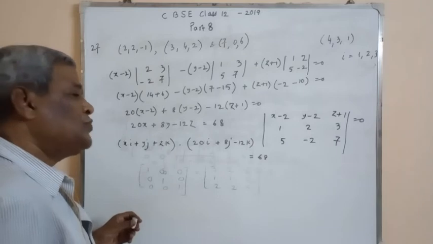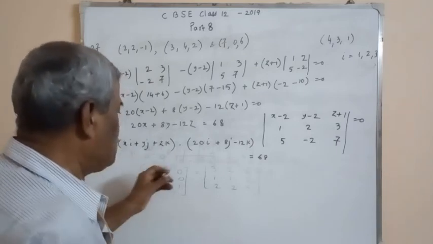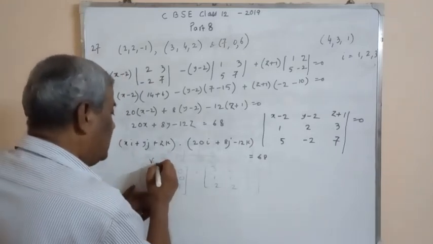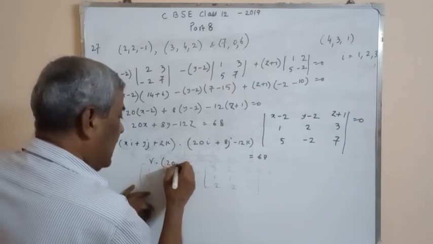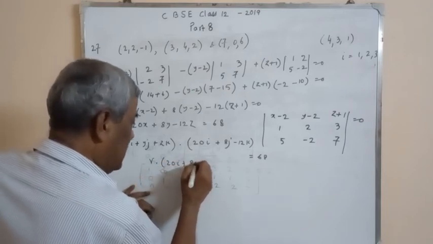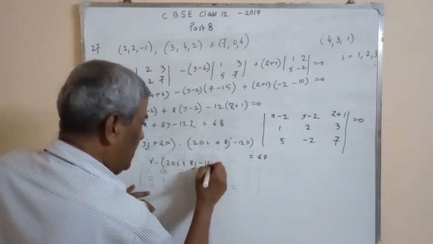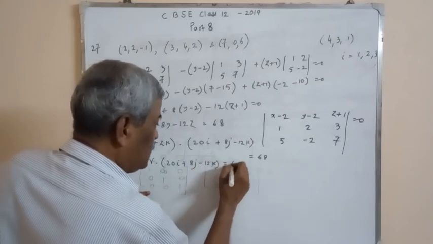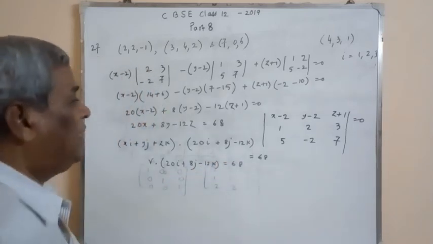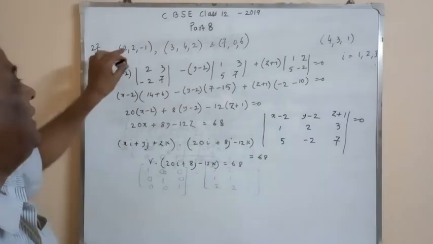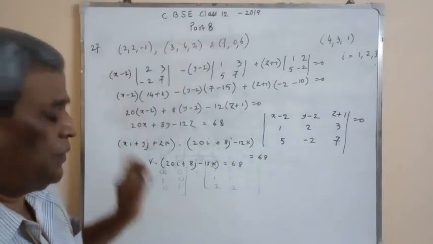This is the position vector. So r dot 20i plus 8j minus 12k is equal to 68. It is the vector equation of the plane passing through these 3 points.